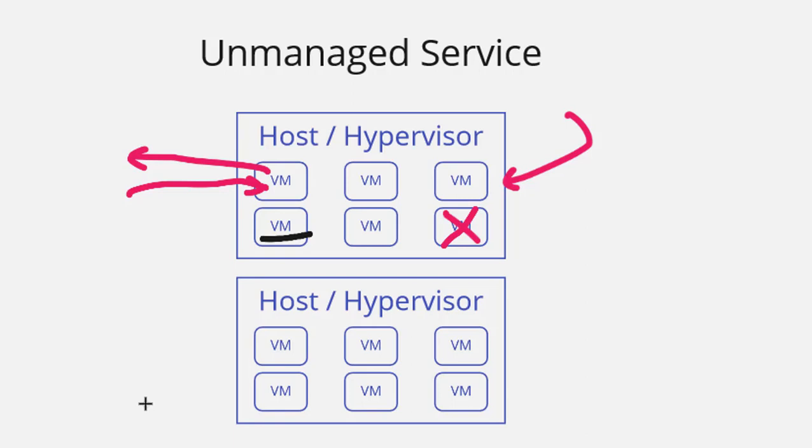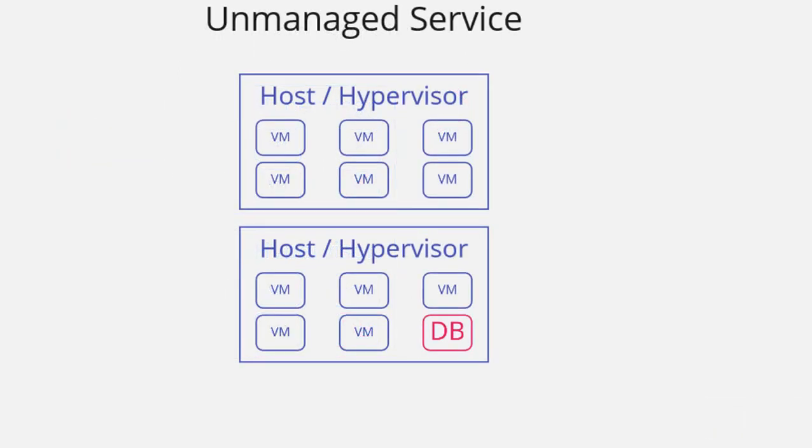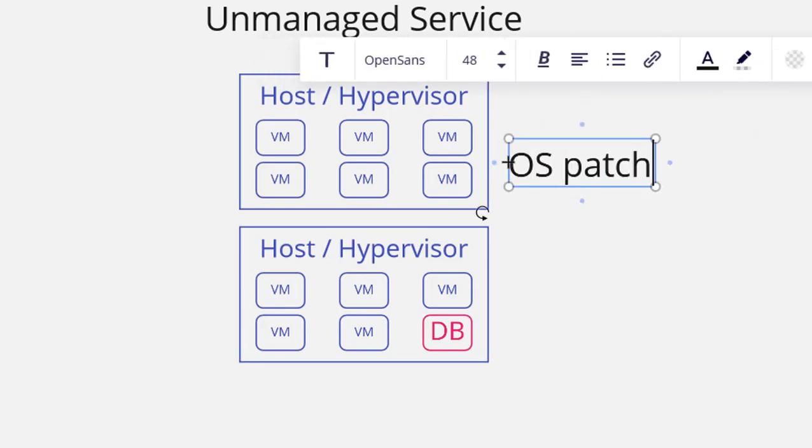However, if I make mistakes, like for example, let's assume that this virtual machine shown here at the bottom right of my screen is a database VM. And so on this database VM, I have some kind of sensitive data, stuff that I don't want to make available on the internet. Well, if I configure this wrong, that's going to be my problem. And so what I want to consider with this database VM is I have to make sure that my operating system is patched.